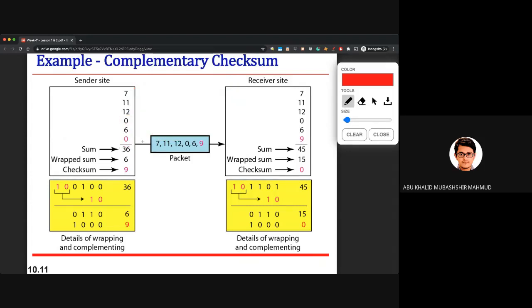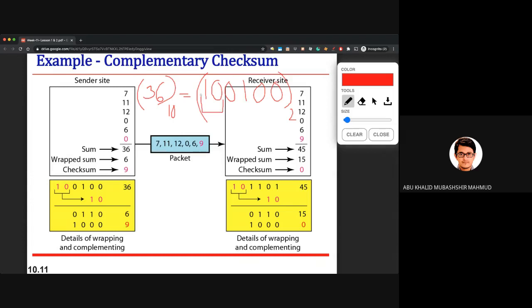So what do we do in the next step? We convert 36 to binary and we get 100100. We had previously declared that we will consider every number as 4 bits.